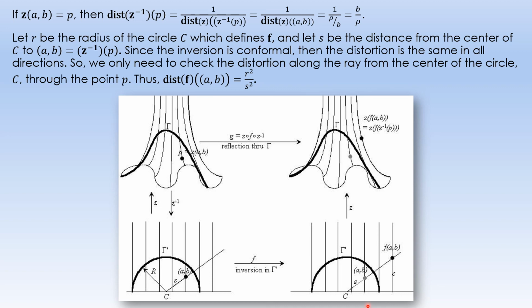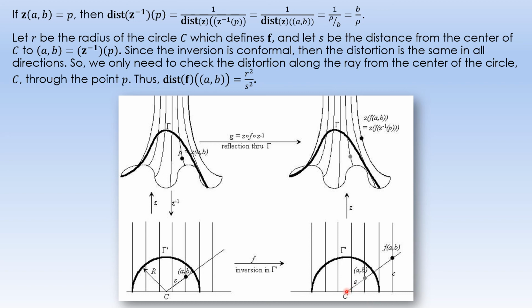This is going back to our definition of distortion earlier on, where we had said that if we take the limit as x approaches 0 of the length of the arc from 0 to our point, divided by the length of the arc in another geometry or another set, then we would have our distortion factor.